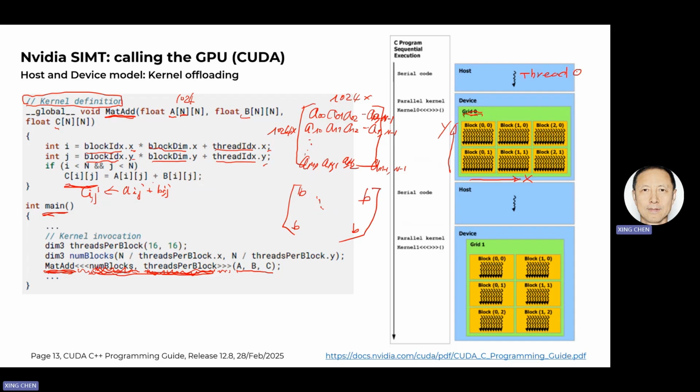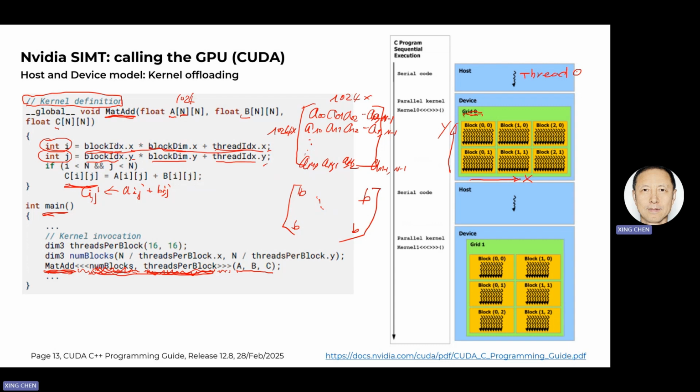We are going to use this x and y position to ask each thread to work on a particular element. So we use the thread's position, and we do this calculation.